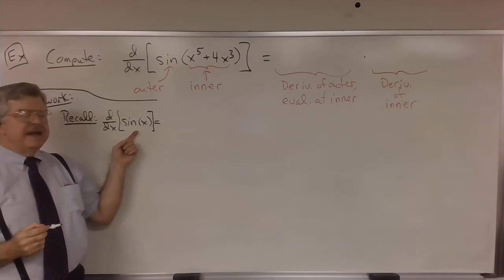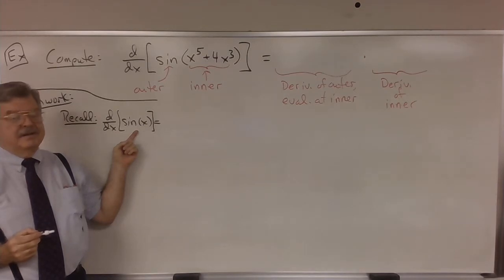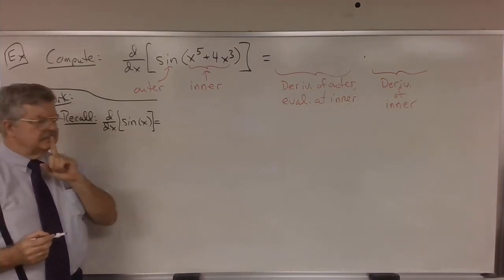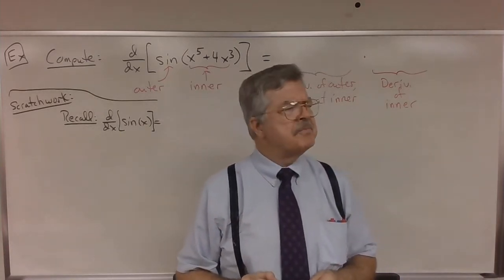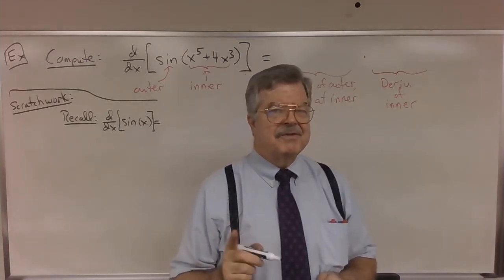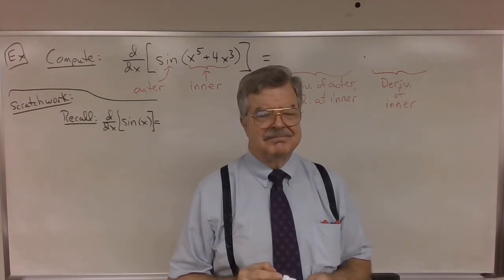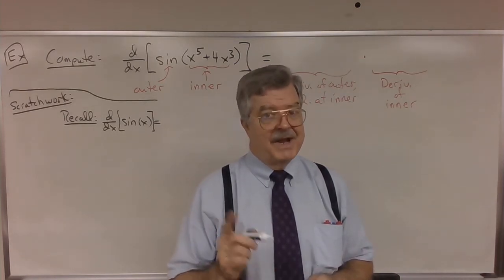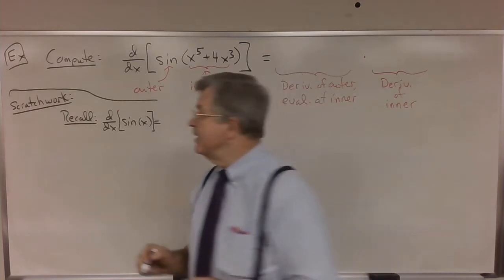I'm going to remind myself what the derivative of sine of x is. What is it? We should know that by now. The derivative of sine of x, what is it? Have we got it? Cosine of x? Okay.